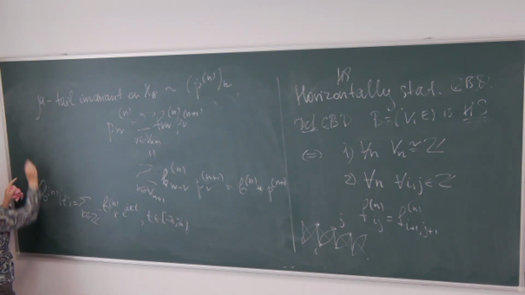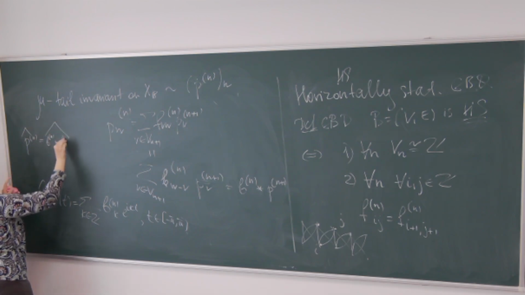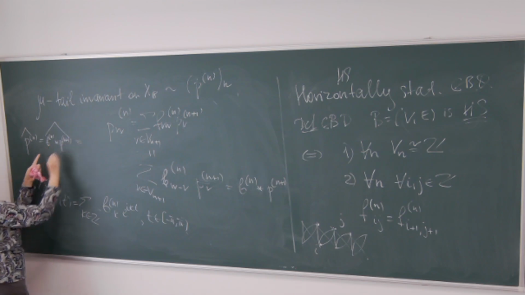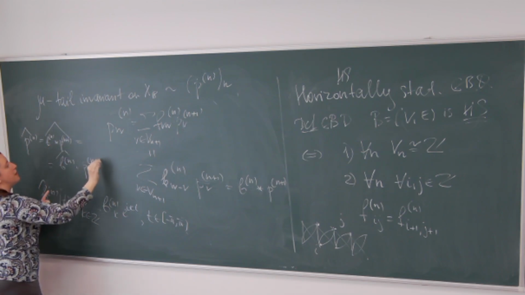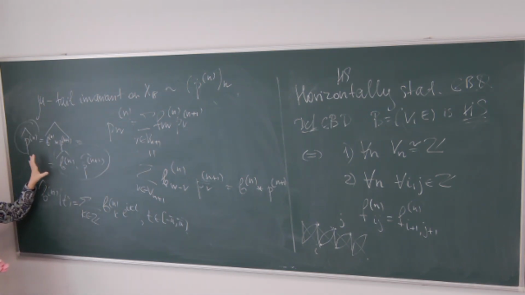So we get that the transform of p_n is equal to the transform of this convolution, and then by the theorem, this is equal to the product of transforms. We haven't yet used it, but hopefully, this works for these horizontally stationary diagrams. This is another way to rewrite this information: if we find a sequence of non-negative vectors which are connected for every n like this, we also get a measure.